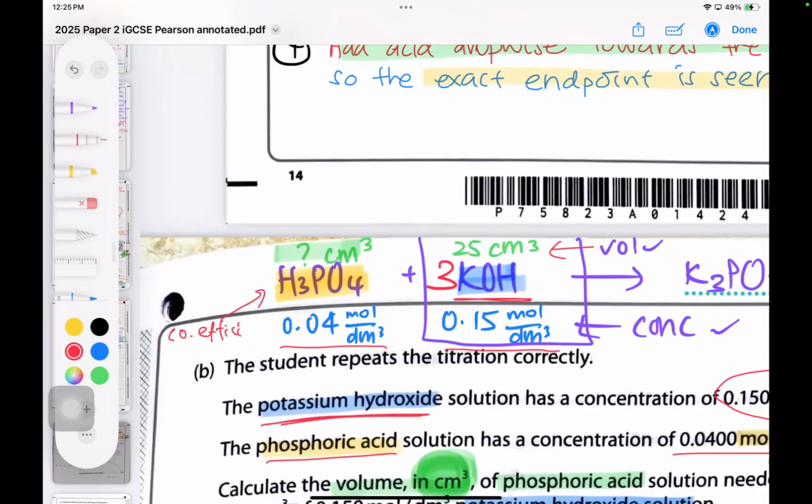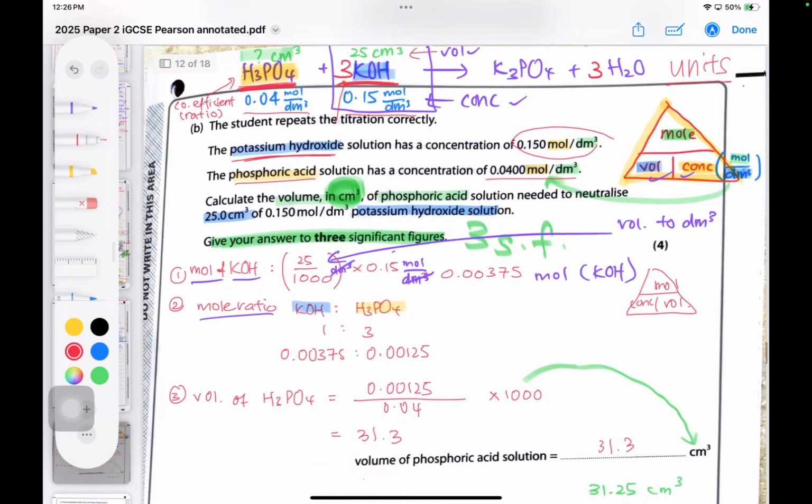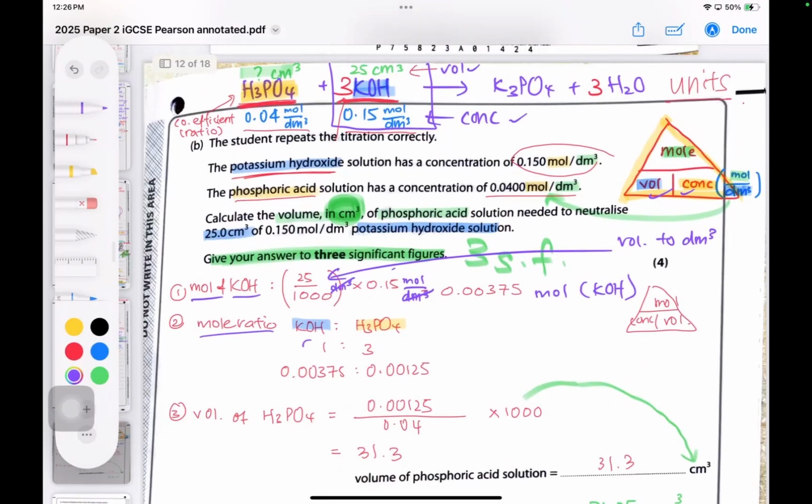Coefficient is just a fancy word, but basically it's the mole ratio between phosphoric acid and KOH. You see that in front of KOH there's this number 3. What this means is that 1 mole of phosphoric acid needs to react with 3 moles of potassium hydroxide. So this is what we mean by coefficient, what we mean by mole ratio. So it's 1:3, and I get this from the balanced equation.